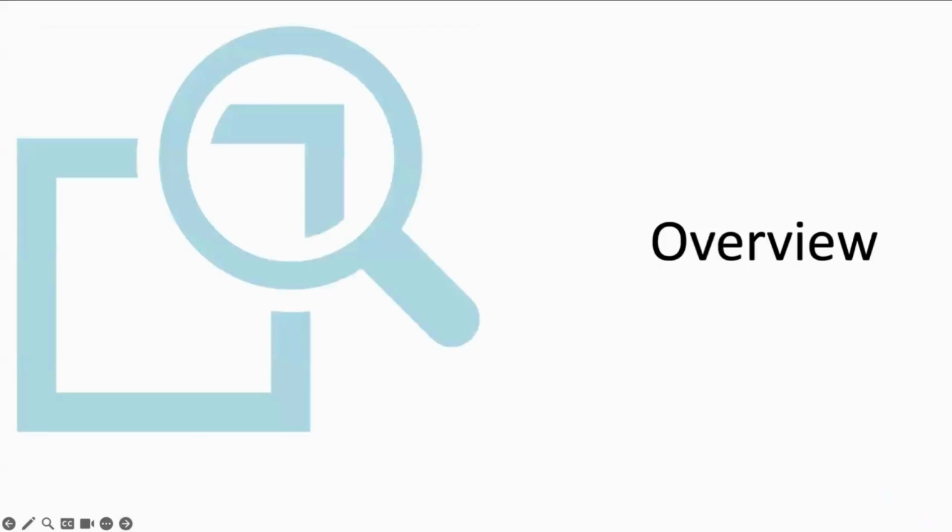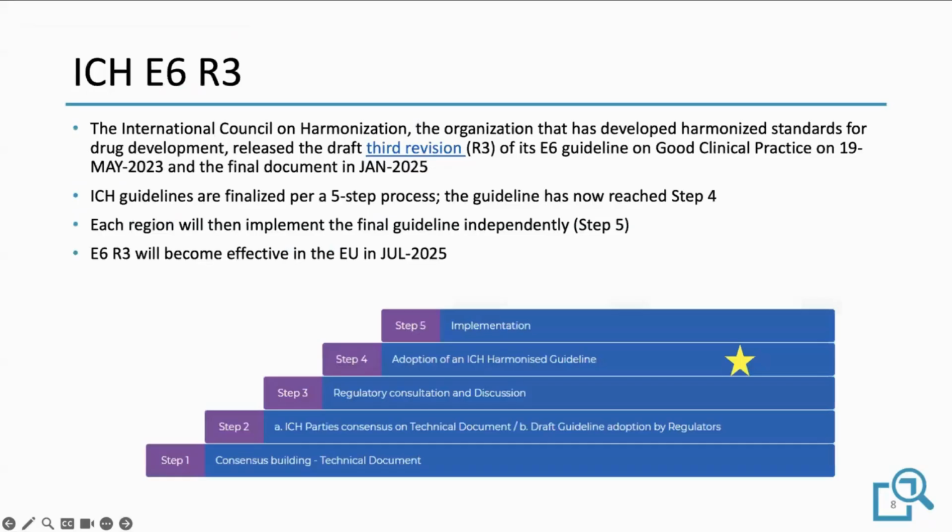So let's move on to a quick overview. Revision 3 of the ICH GCP guideline was released in draft form in May 2023. After a comment period, the ICH made some changes. And if you would like to know what changed between the draft and the final, we have a series of posts on our ReadyRoom blog that detail what's changed.